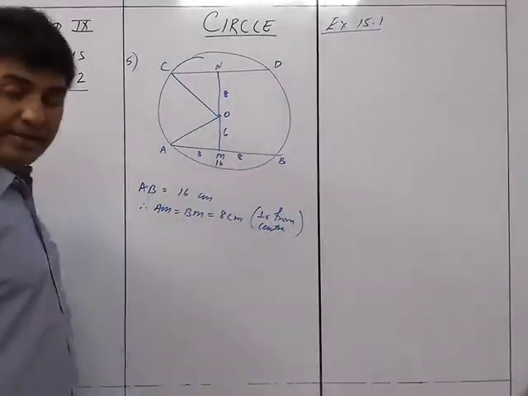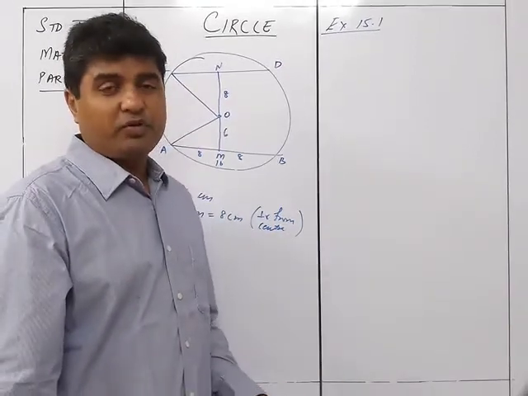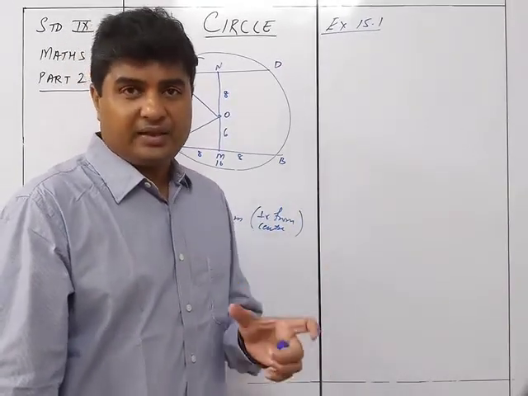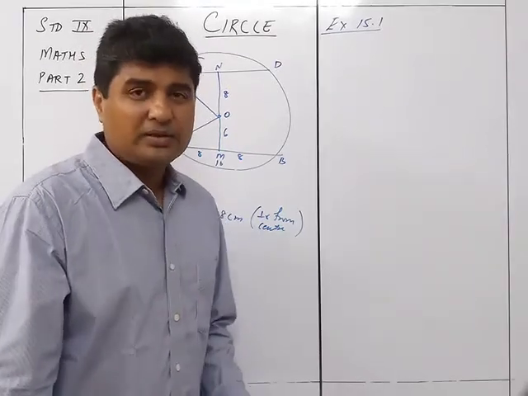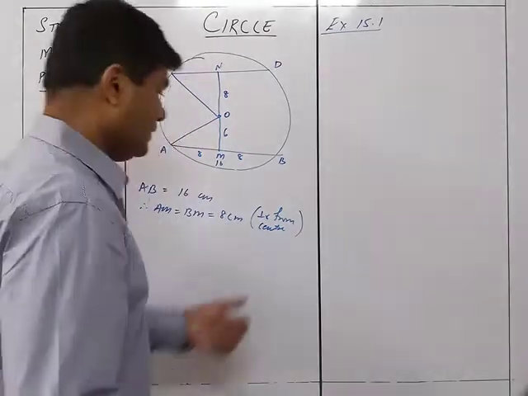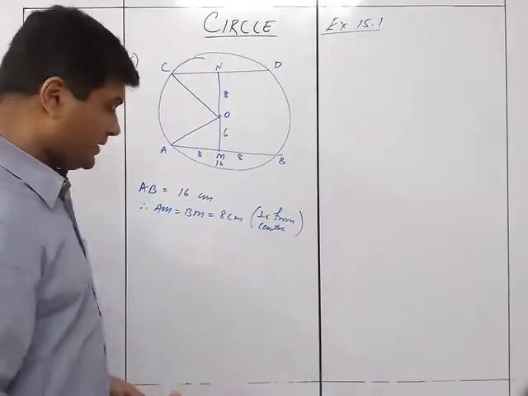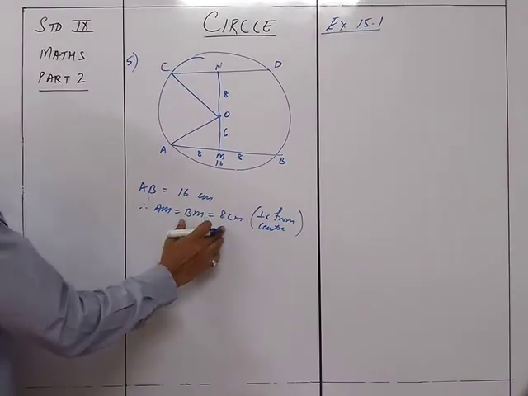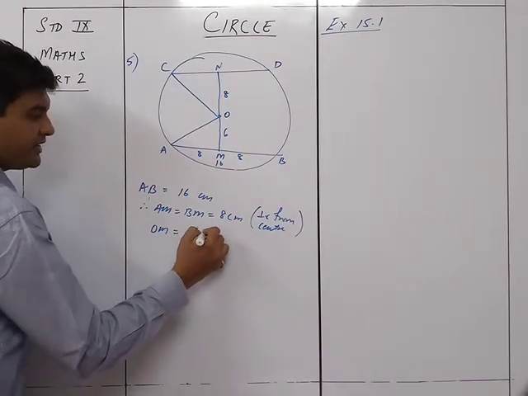In the examination you will write the complete theorem: perpendicular drawn from the center to the chord bisects the chord. You need to write that, otherwise you will lose marks. Right now, because we are going to write it in every sum, I am not writing it over here. So this is 8 centimeters. Now we know that OM is 6 centimeters, given.